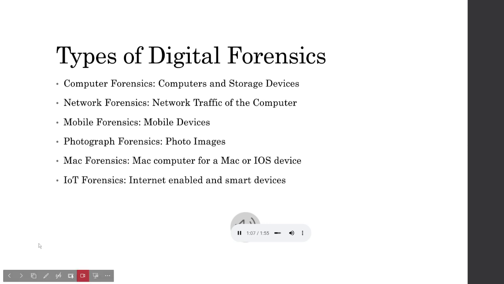That's the data that can be retrieved from photo images. And then next is Mac forensics. Sometimes investigators have a hard time retrieving data from specific devices, specifically Mac or iOS devices, so they will need the help of a Mac computer to be able to analyze that data.